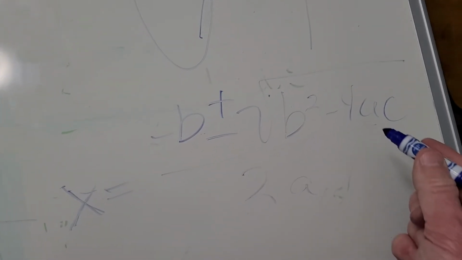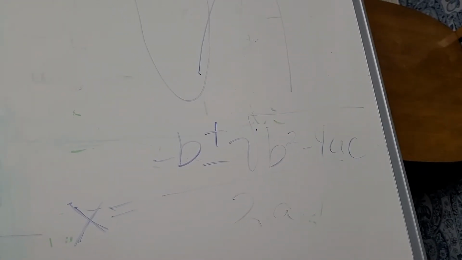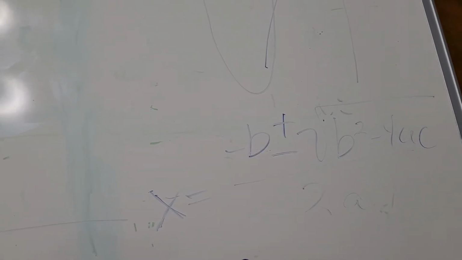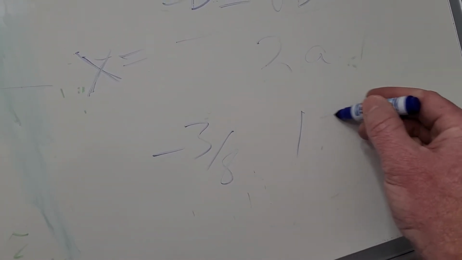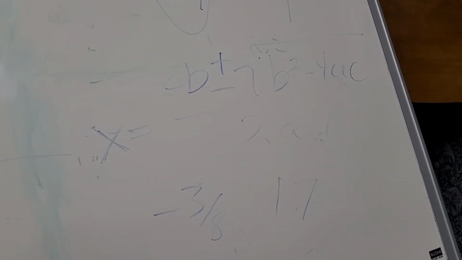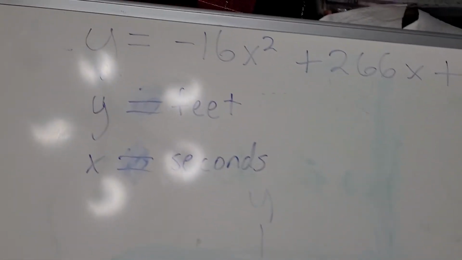When you solve this equation, since it's plus and minus, you end up with 2 answers: minus, I believe, 3/8 and 17. The important part is to back up when you have those answers and say which of those 2 make sense.